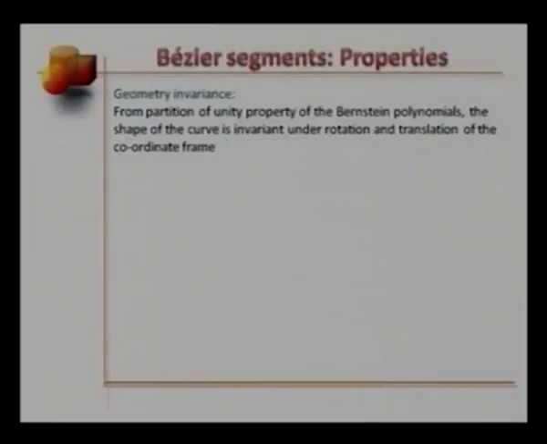Next, geometry invariance. From partition of unity property of the Bernstein polynomials, the shape of the curve is invariant under rotation and translation of the coordinate frame.